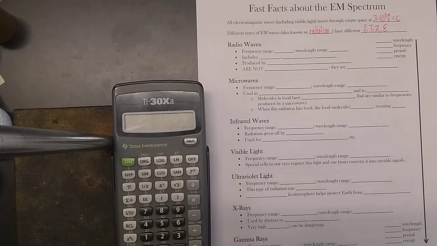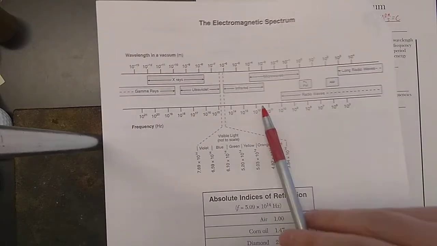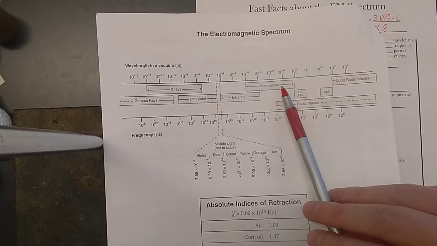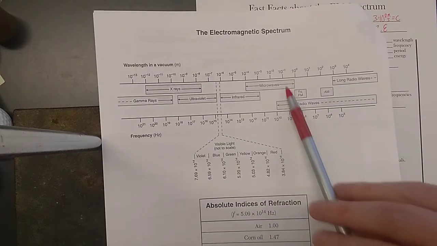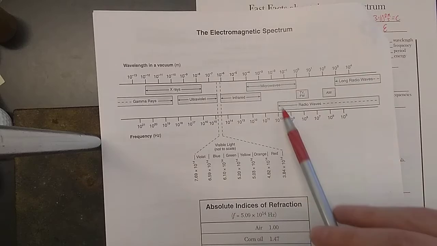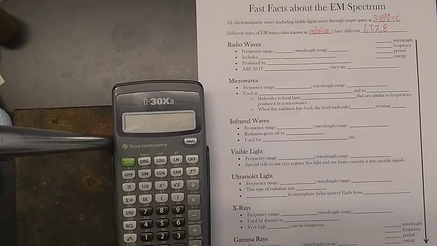Before we begin, we're going to keep referring back to this chart on page 2 of the reference tables right here. See how these ranges overlap? So you might be saying, how can something be both a microwave and a radio wave? That's fine. The reason that there's two different types is because of how the waves themselves are generated. Radio waves are generated in a different way than microwaves.